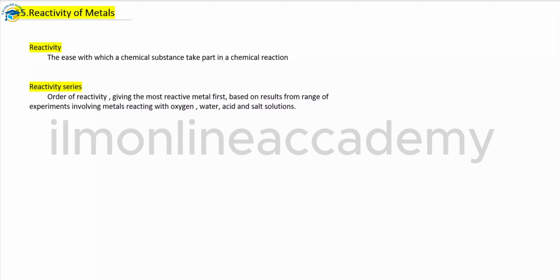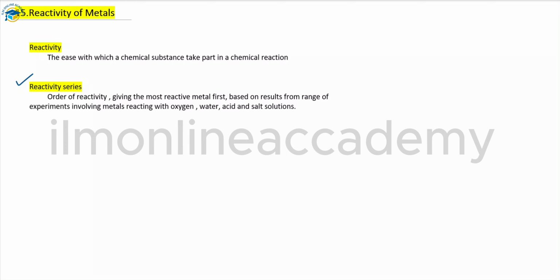So in the reactivity series, this is the order of reactivity of the metals, giving the most reactive metal first, and based on the results from a wide range of experiments involving metals reacting with oxygen, water, dilute hydrochloric acid, and mostly the metal salt solution reactions, which we also discuss in detail in today's video, and also the displacement reactions of the different metals.